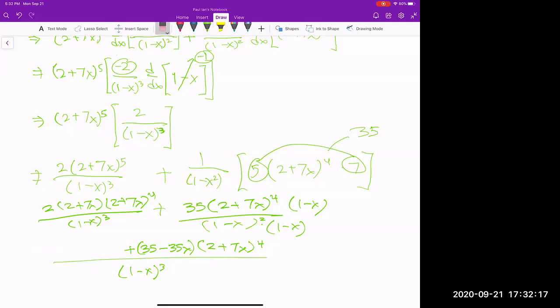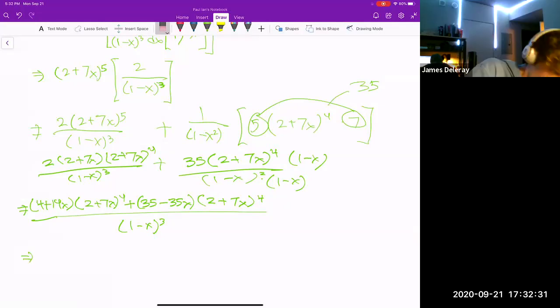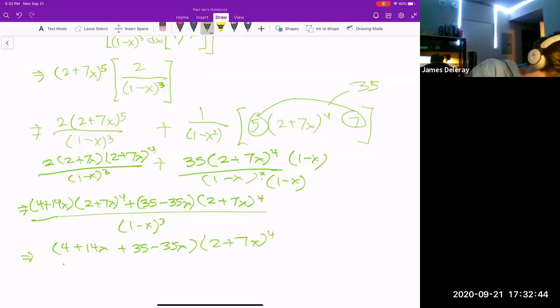Oops. Okay. Yeah, so this one didn't turn out that bad. It's actually pretty similar. So 4 plus 14 plus 35 minus 35x. Okay, all right, I think I've just finished the first derivative part.